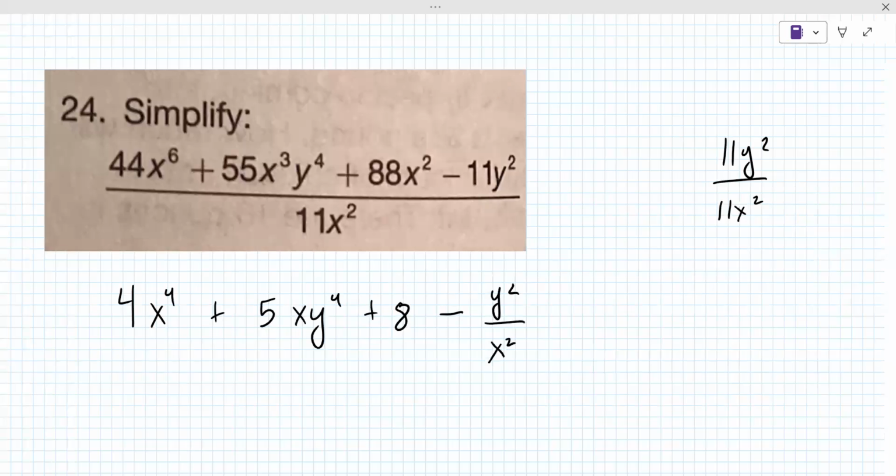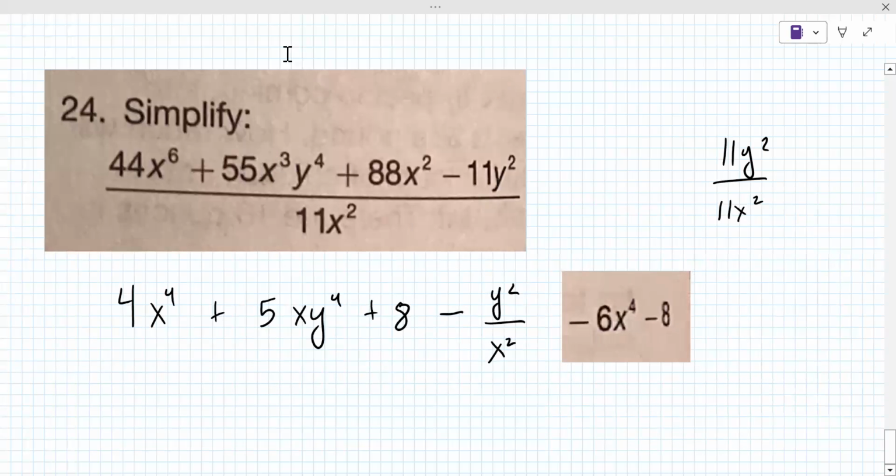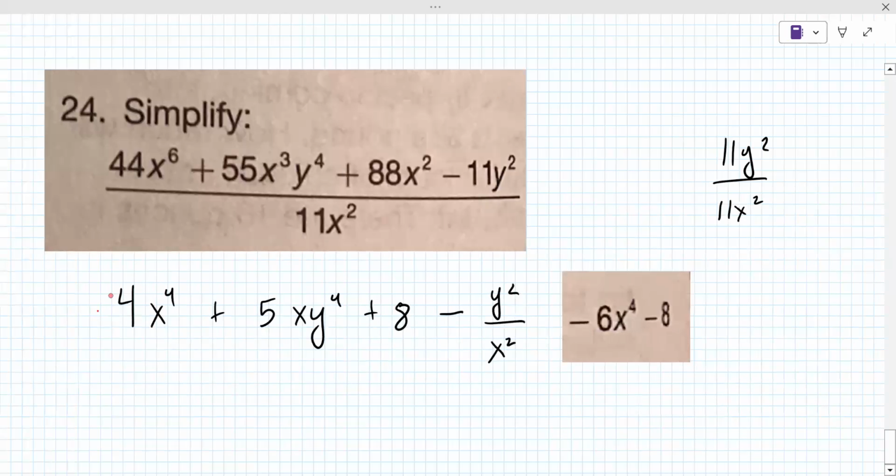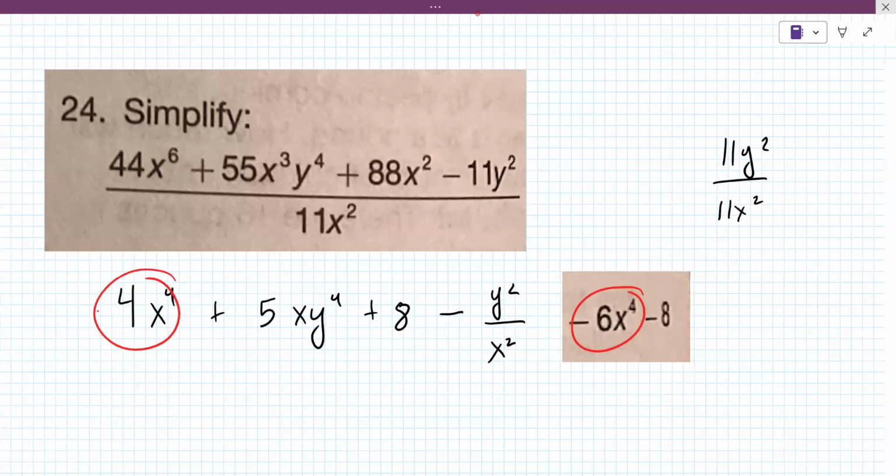Now the rest of the problem, which I didn't snip in, has this off to the side here. With what I've got here, do you see any like terms? Is there anything you can combine? The x to the fourth terms, and the 8.